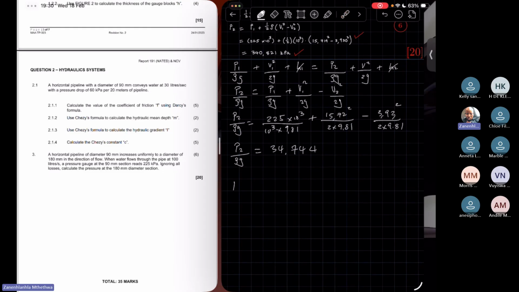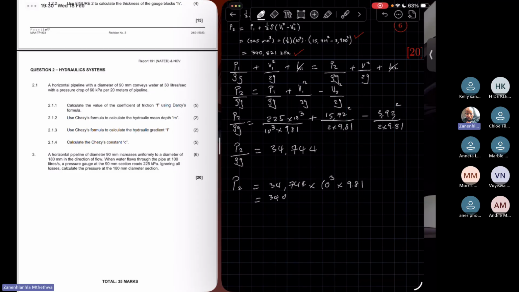Are you still together there? Yes. So P2, okay, I see. I think when I was punching the answer, I didn't put that in clearly. So rho is 1,000 and g is 9.81, so you simply multiply the answer by 1,000 times 9.81. You should get the same thing, which you do.